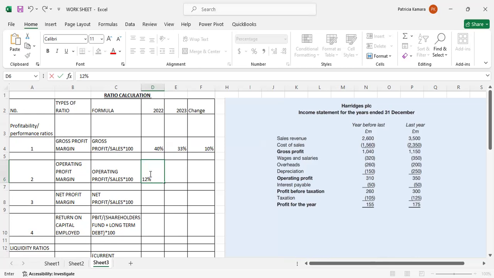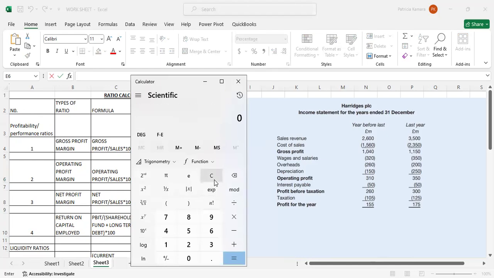And then when you come to the current year, which is 2023, as we've said, so we'll go on and then do the same calculation.